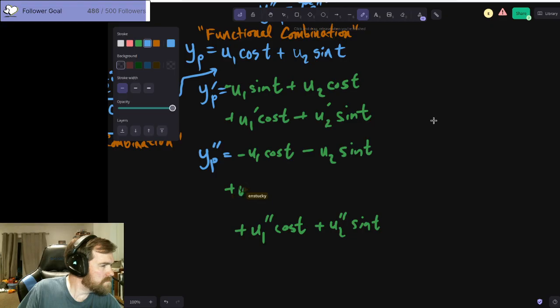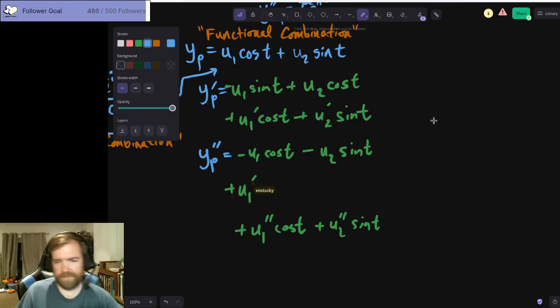And then u1 prime. So we get u1 prime by differentiating this one, so we get to keep the minus sine t. And also from differentiating this one, that's another minus sine t.